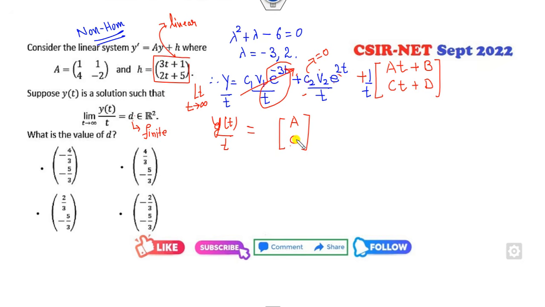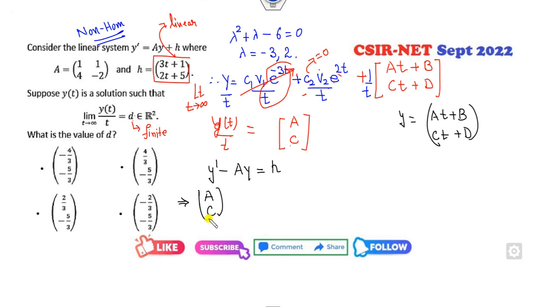Now how can you find the value of A and C? Again, very simple. If you look at this equation, y dash minus Ay is h. I can substitute this value. What is the y dash? Let's assume that my solution is of this form. So what is the y dash? With respect to A, C, A into y, I can multiply this in here.